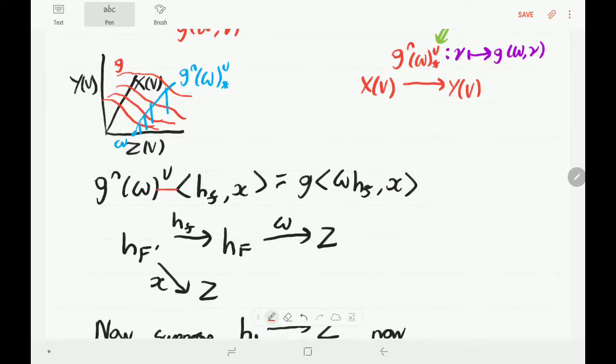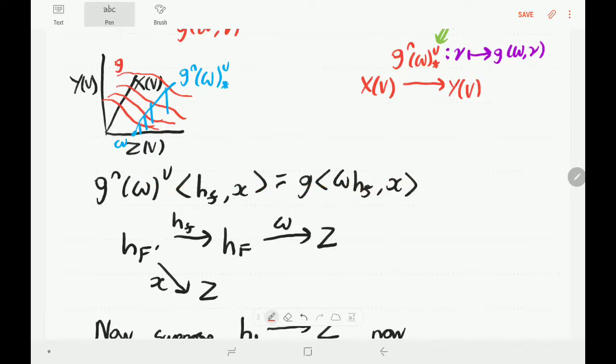So the easiest way to understand this is to set h of f to be the identity. At least that's a special case, but it makes a lot more sense, because then you just say, well, all we want to do is send g w of u of 1 comma x, which is indeed what we get when evaluating this, to g of w comma x, which is just what you want.